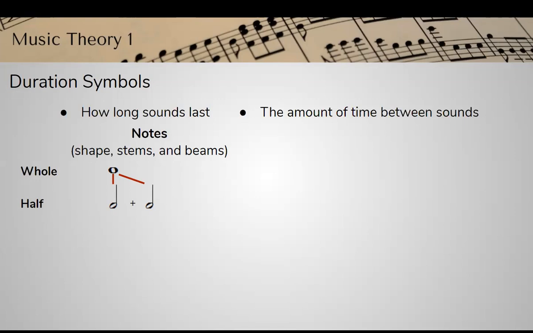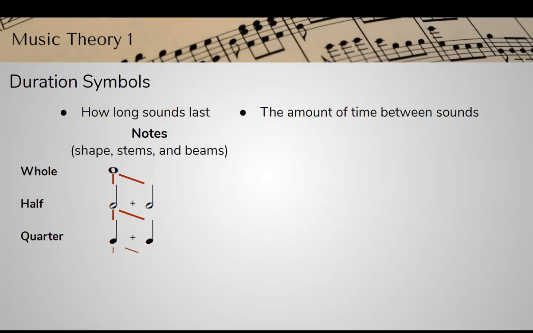Likewise, you can divide the half note into two parts, and it becomes quarter notes. So now you know how long things are relative to the half note, which is relative to the whole note. You have this whole system based on knowing one factor, the length of one note, and then you can determine the lengths of all the other notes based on that one note. But they're all proportional to that one note.